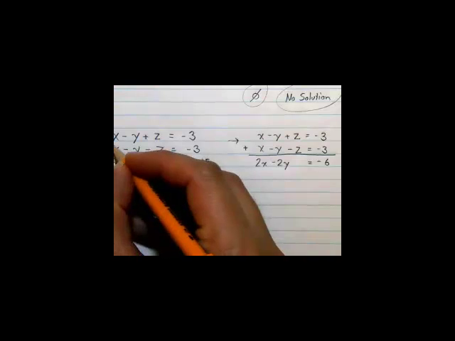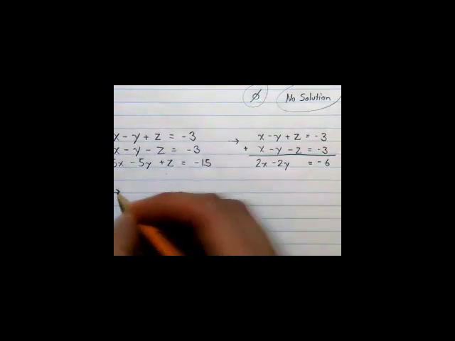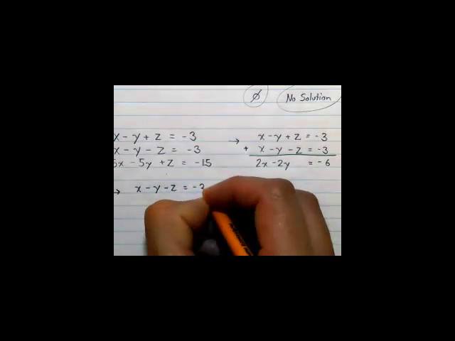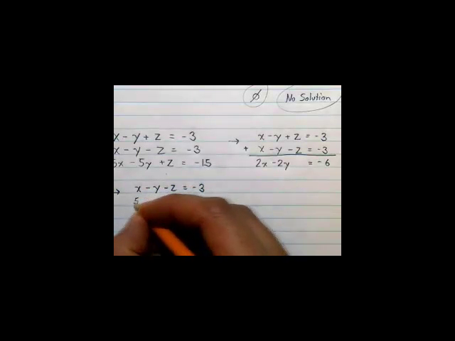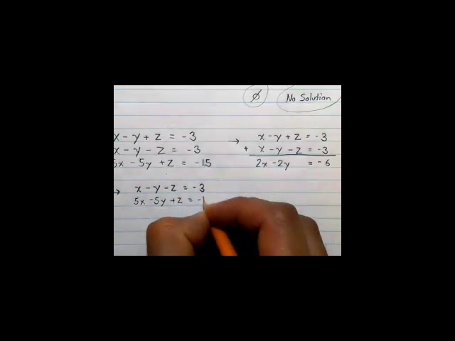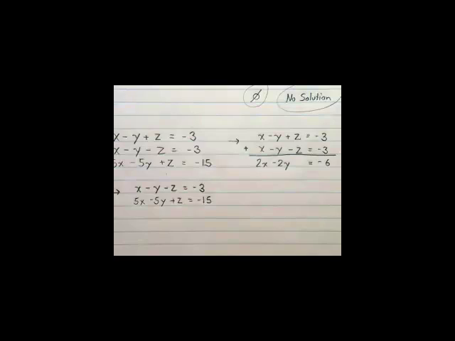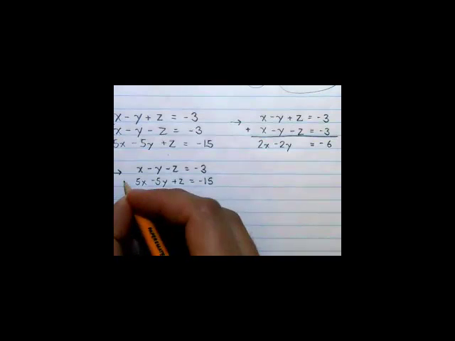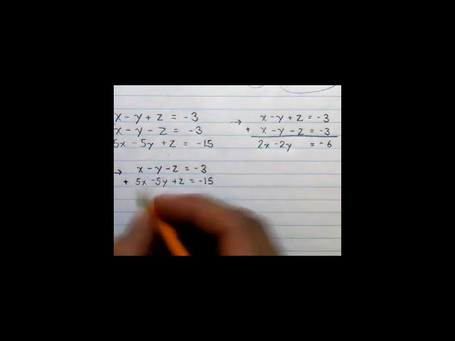So let's just pull out those two. So x minus y minus z equals negative 3. And 5x minus 5y plus z equals negative 15. So those two as well, if we add them together, we should be able to get rid of z. And then we'll have another equation that uses x and y. So let's add them up.